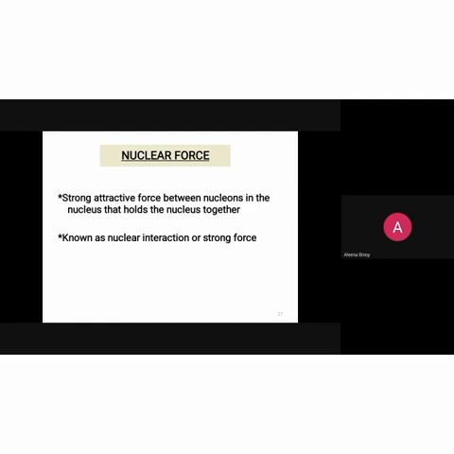Here, the nuclear force is acting, and the nuclear force is created between nucleons by the exchange of particles called mesons. So now we can move to the properties of nuclear force. Next slide, please.